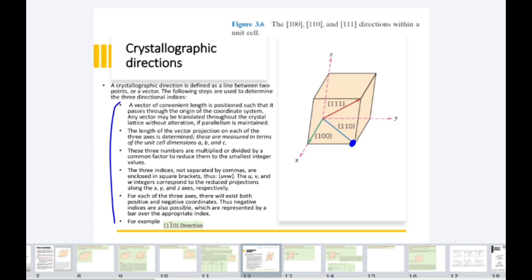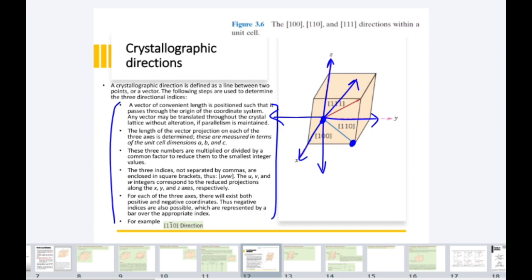So we have to locate the point and then draw a vector from the origin to that point. Right? All these, it is written here. I will explain this in the example, but you have to read here. If this is the origin, this is the positive y-axis, here will be negative y. If this is the positive x-axis, to the back side will be negative. This is the positive z-axis, below it will be negative z-axis.